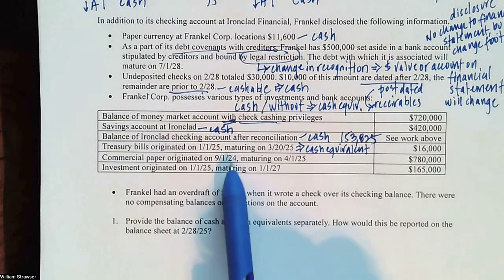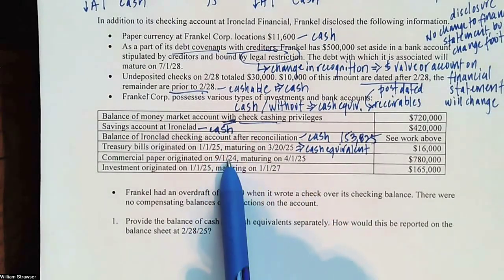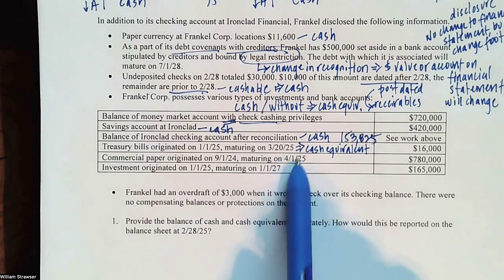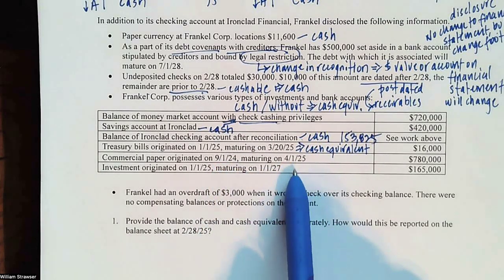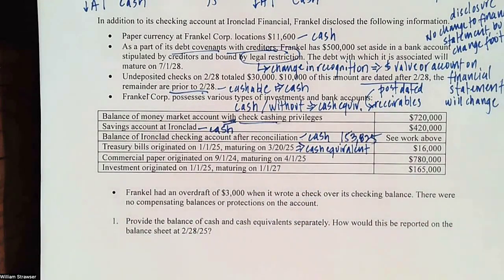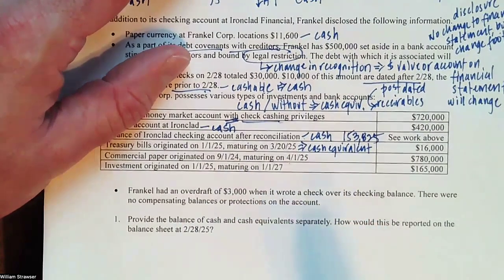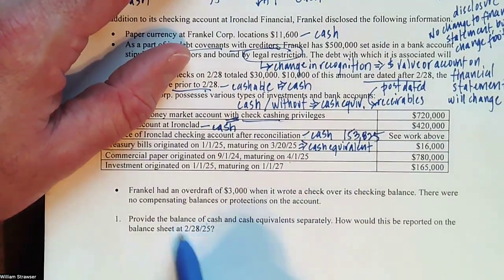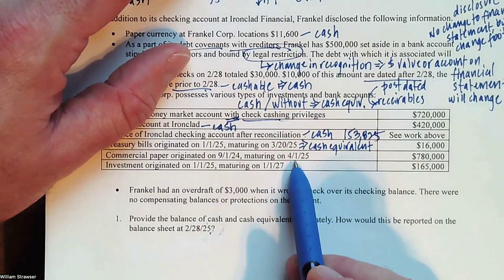Now, if you look at this one, it doesn't pass the 4 month test. It was written on September 1st of 2024, and it's going to mature on April 1st of 2025. How long is it between these 2 dates? Well, it's about all of September, October, November, December, January, February, March, April. 8 months. So this is not a cash equivalent, even though when we're reporting cash and cash equivalents, it is only a month out.